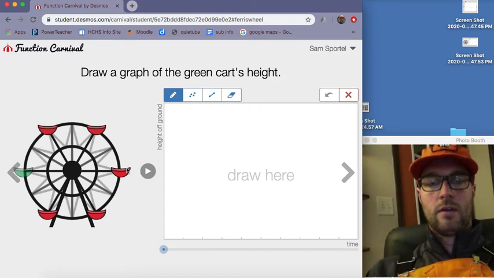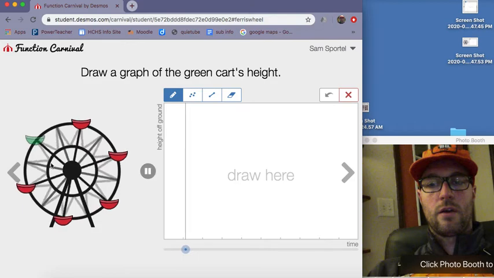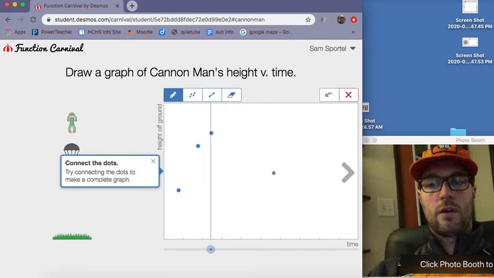Okay, so remember, 3 screenshots. I want one of each of these. One of your graph when it's done, and this one of your graph when it's done.